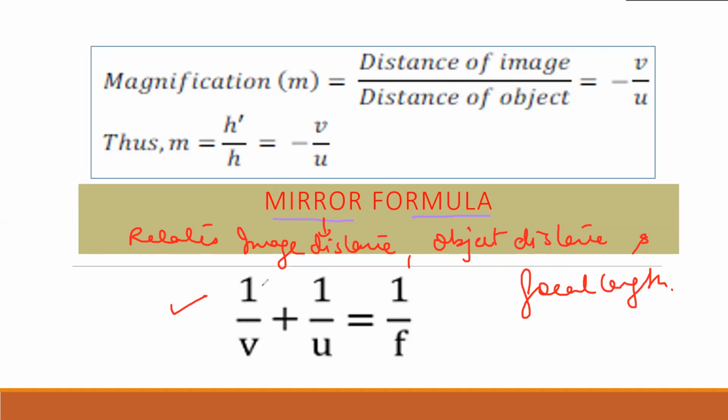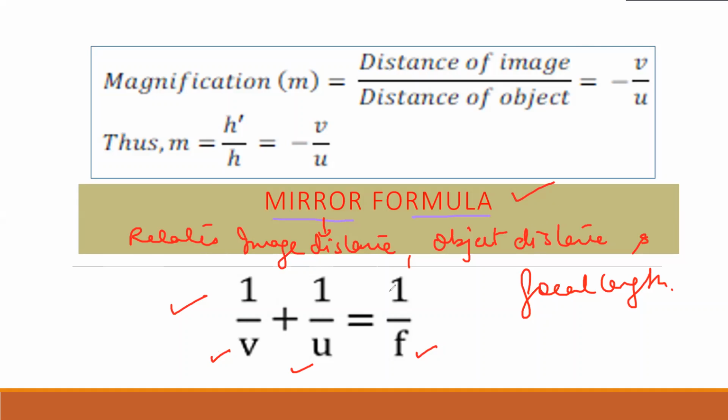And the formula is 1 by V plus 1 by U equals to 1 by F. So this formula will help you to take out either image distance or object distance or focal length. This is a basic formula called by name as mirror formula.